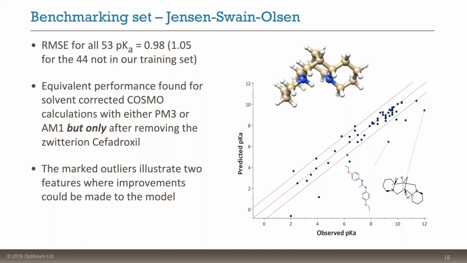Unfortunately, our model is based on the premise that there is this popularity contest going on between compound and solvent, and that is the thing that weakens the interaction between the hydrogen and the compound because it's competing with the solvent. In Sparteine's case, it's not the solvent that's competing with the positioning of the hydrogen on one nitrogen, it is the compound itself. And therefore that, I think, is why we have a prediction which is more acidic.